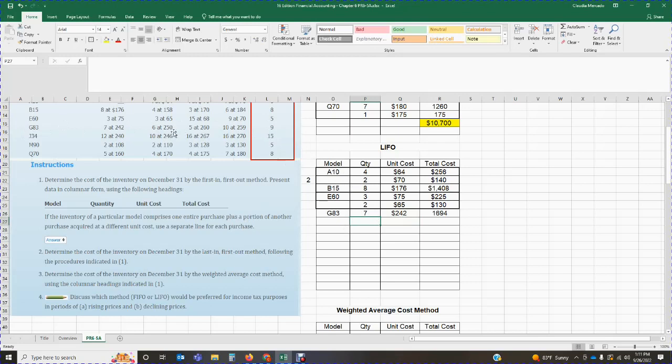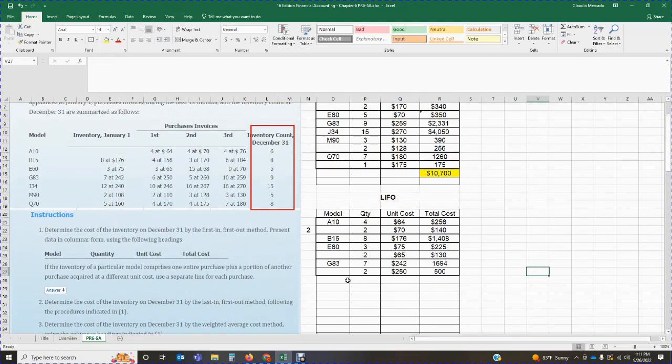I need 2 from that first purchase. So that's going to give me $16.94 and $500. So that's G83. Now we have J34.